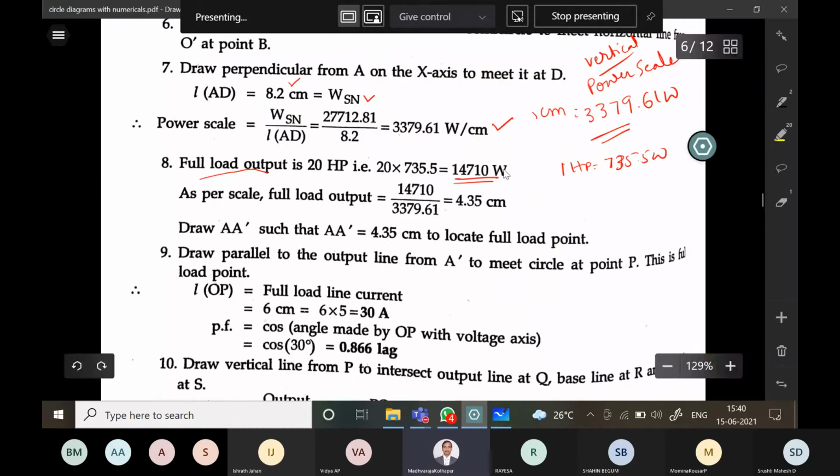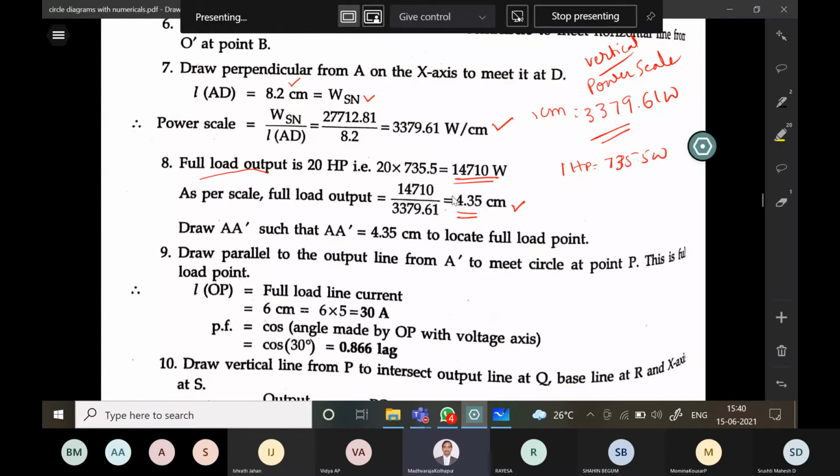Now we convert it into power scale. Wattage divided by 3379.61 watt per centimeter: 14,710 divided by 3379.61 gives 4.35 centimeter. So the full load output is 4.35 centimeter.